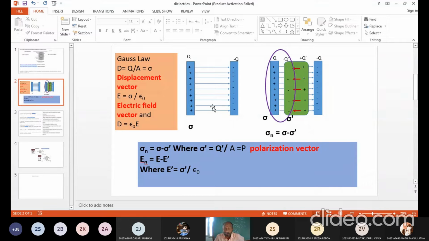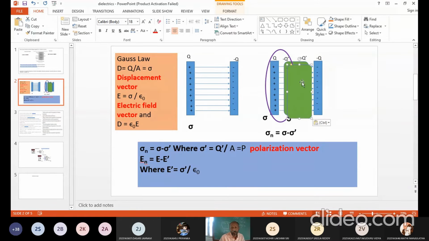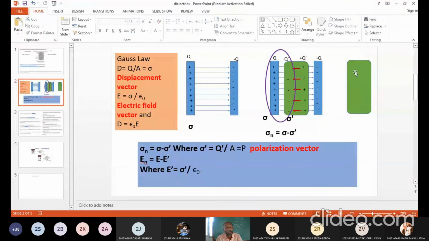Now, in this parallel plate arrangement, I place a dielectric material.